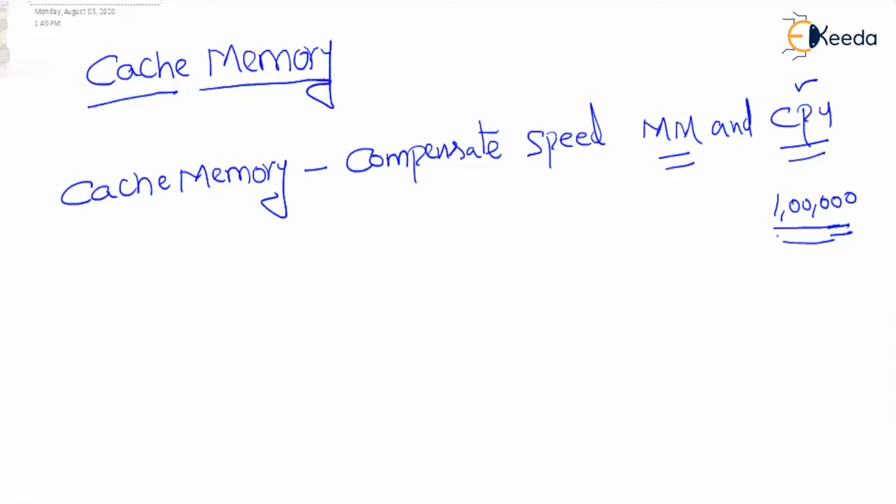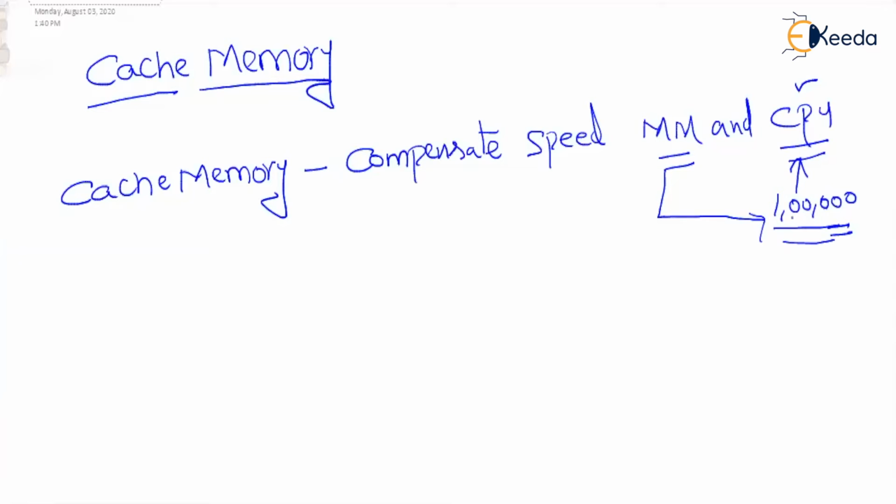But just for the time being, let us understand with an example: the CPU is capable of executing 1 lakh instructions per second. Now, when will the CPU be able to do this? Whenever main memory is capable of supplying 1 lakh instructions to the CPU, because the instructions are available in main memory.